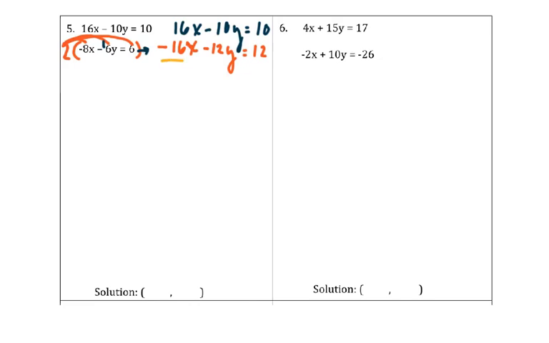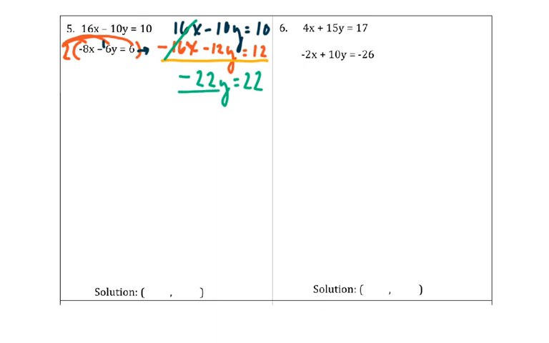So now I have 2 equations, and I'm ready to eliminate. This will eliminate because 16 minus 16 is 0. Those will go away. Negative 10 minus 12, use a calculator if you need to. That's negative 22y equals 10 and a positive 12 makes a positive 22.